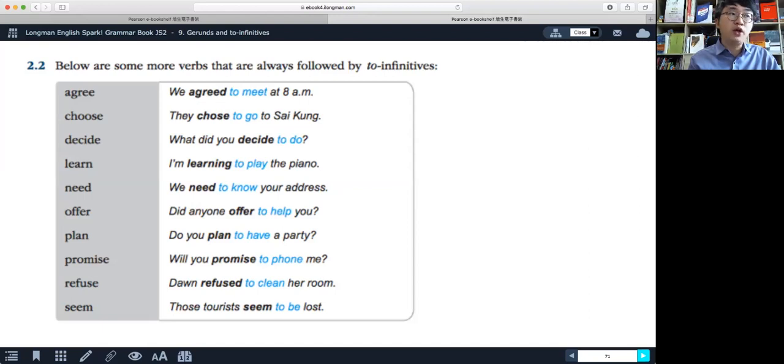We agreed to meet at 8 a.m. They chose to go to Sai Kung. What do you decide to do? I'm learning to play the piano. We need to know your address, etc. We use to after the verbs, but not verb plus ing, gerund. All right?